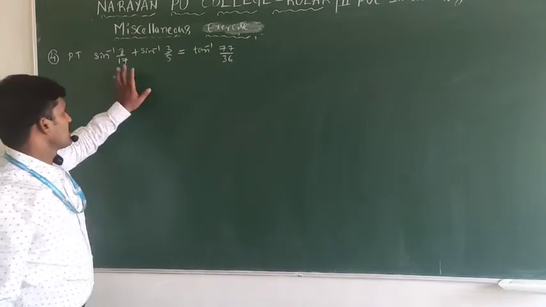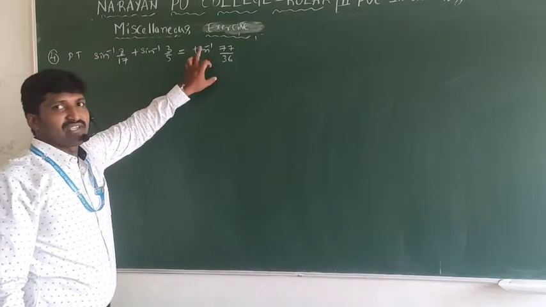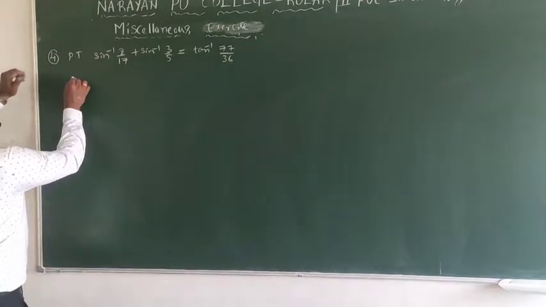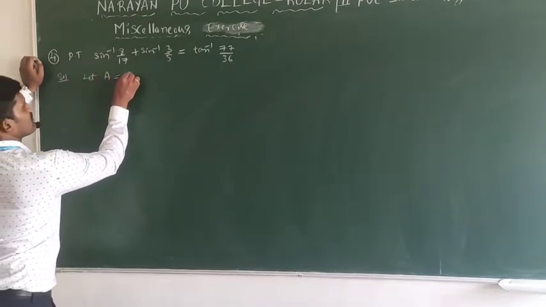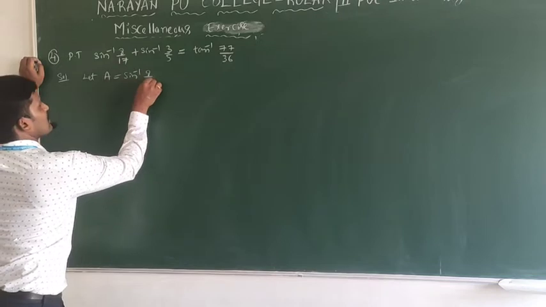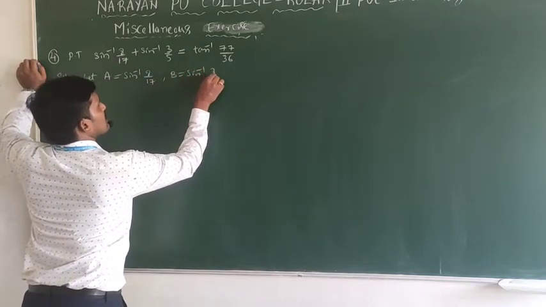Clearly, the given terms are in terms of sine inverse, but we need them in terms of tan inverse. Now for that, assume the first value is A, the second value is B.